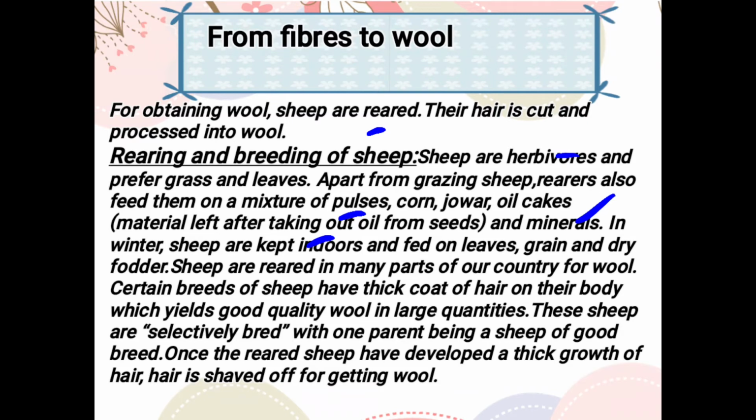So people prefer selective breeding a lot while buying sheep or selecting the parent. When they do this process, whatever offspring or generations are obtained from that sheep also have the same characteristics as the parent.